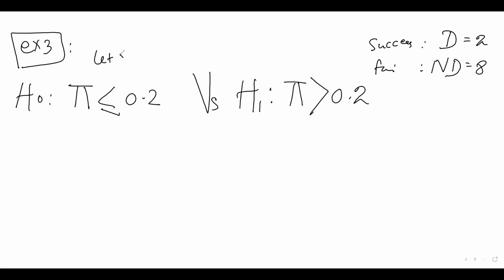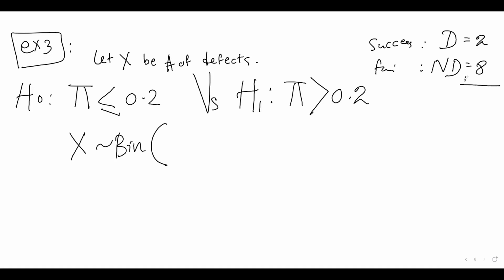So let X be, since our success is the number of defects, we are going to define our random variable as the number of defective items, number of defects in short. So we know that X is binomially distributed with 10 trials, and this is the success probability.